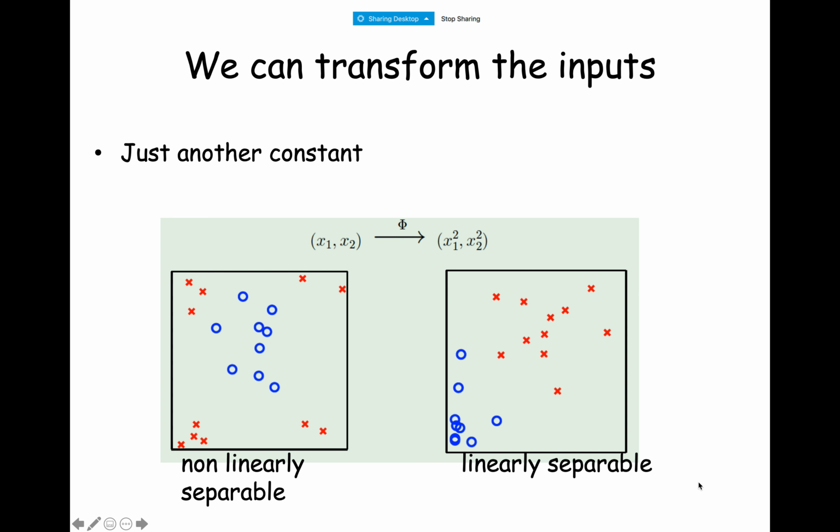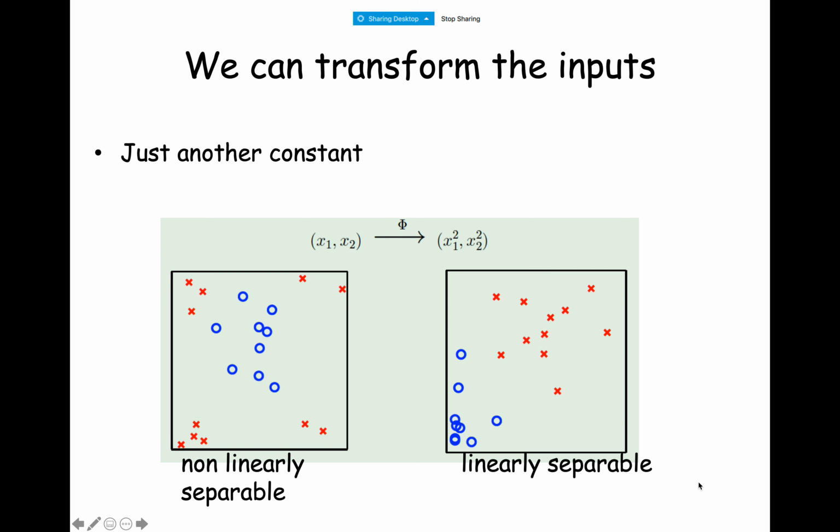So let's continue. Because these x's are just another constant, it doesn't really matter what their values are. What matters is that some relative relationship between them is preserved, right? So let's introduce this idea of a so-called phi function. This phi function is going to transform the data values from their original representation to some other representation.